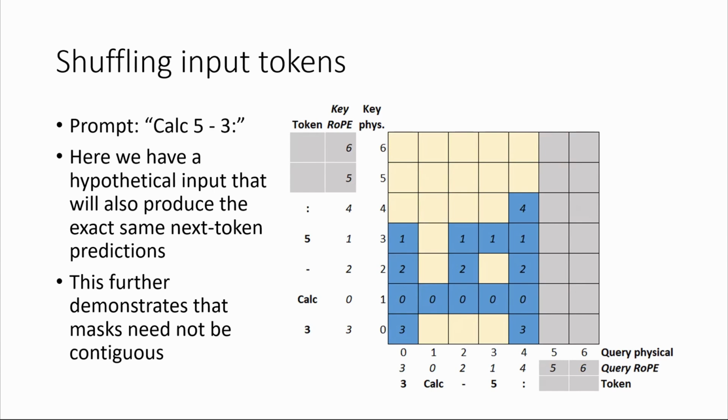But if autoregressive means you can only see positions that have a lower rope number, then this is perfectly good. It still meets the exact criteria that the 0th token only sees itself, the 1st token can only see itself and the one previous, the 2nd token can only see itself and the 2 previous, and so on and so forth.